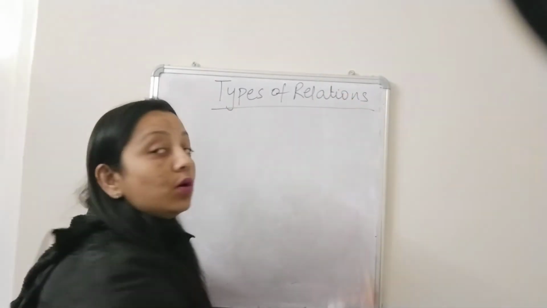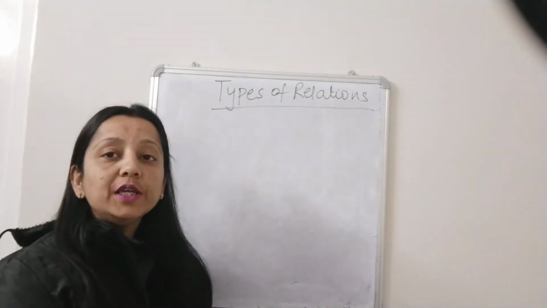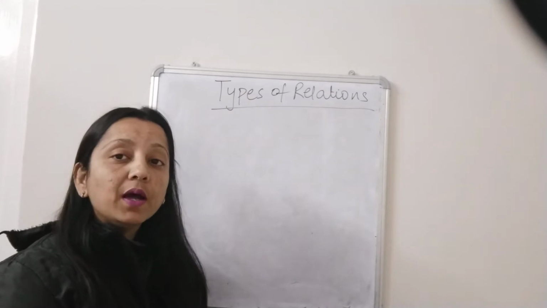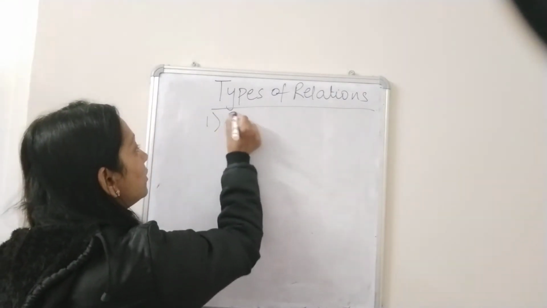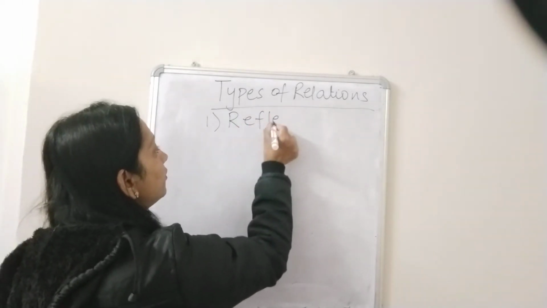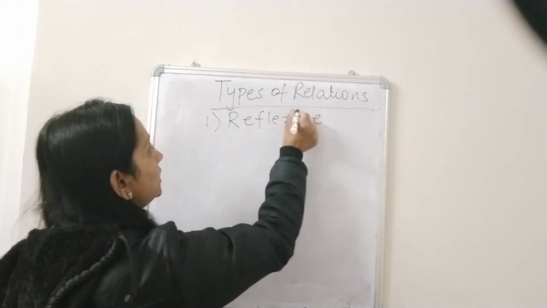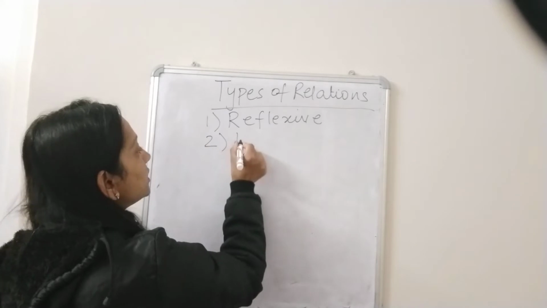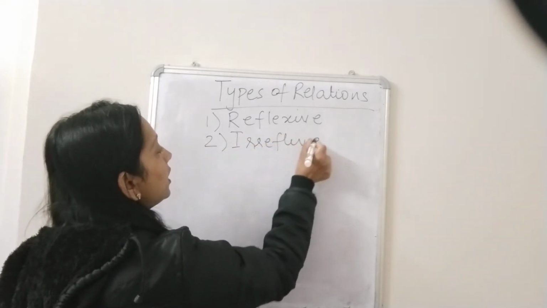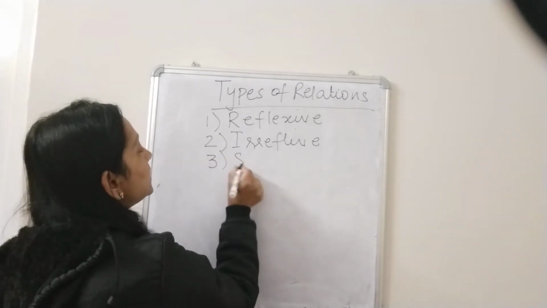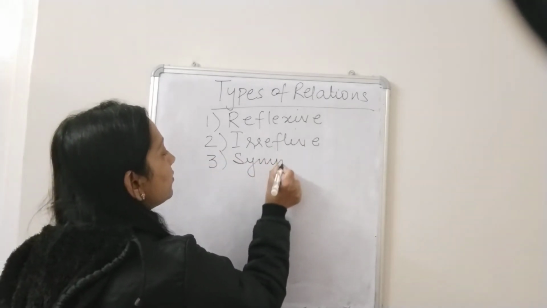Now the various types of relations that we have in discrete mathematics are, first of all, the reflexive relation. Then we have the irreflexive relation. Then we have symmetric relations.